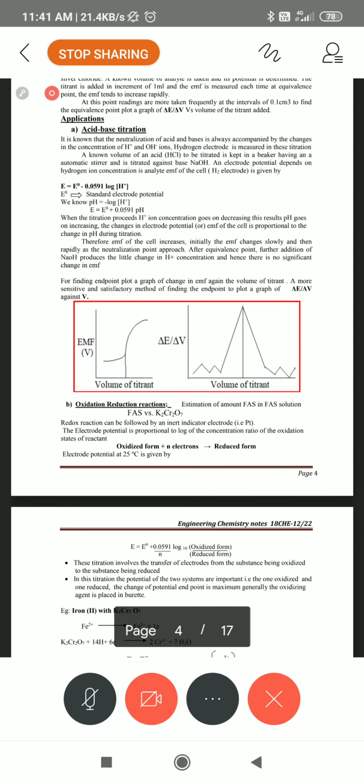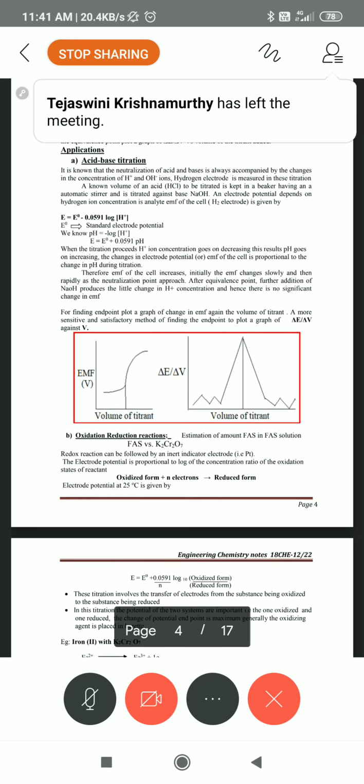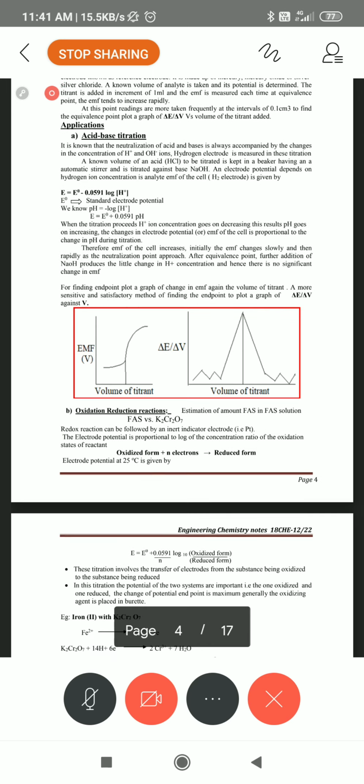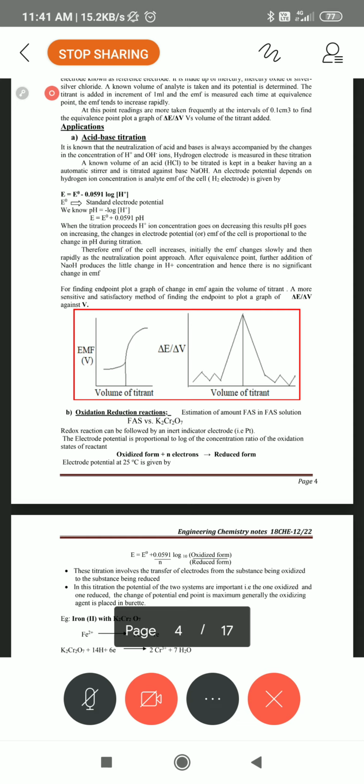In the bell-shaped curve we get, that point of the curve is what we call the equivalence point. It means 5 ml of sodium hydroxide is used to find the equivalence point of HCl. That 5 ml you take from the graph at the time of calculation. N1 V1 is equal to N2 V2. Here N1 is the normality of HCl, which we are going to find out.